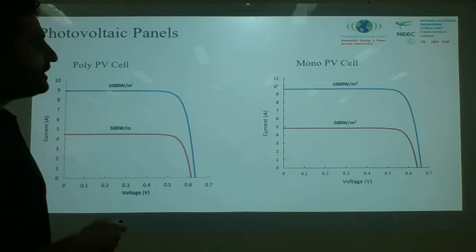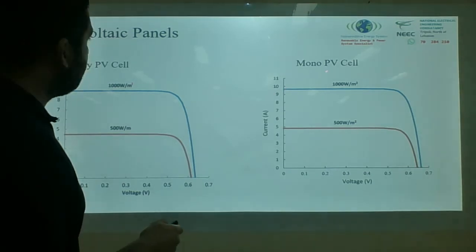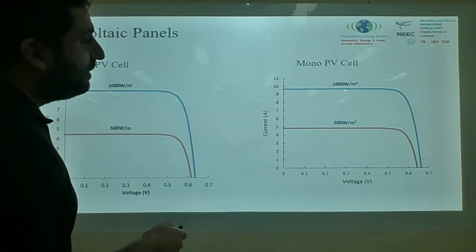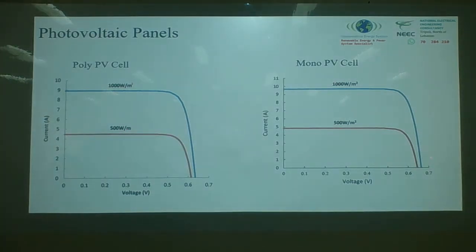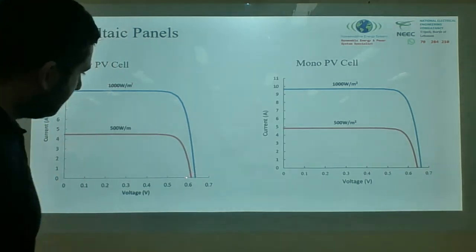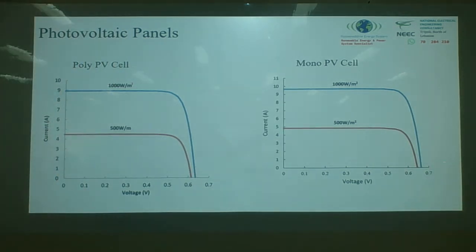For the mono, as you can see, the current is higher for the same sun radiation. And as the sun radiation changes, the current will change. But the voltage is very close. That's why mono is highly efficient. We explained in a past lecture what monocrystalline and polycrystalline are.